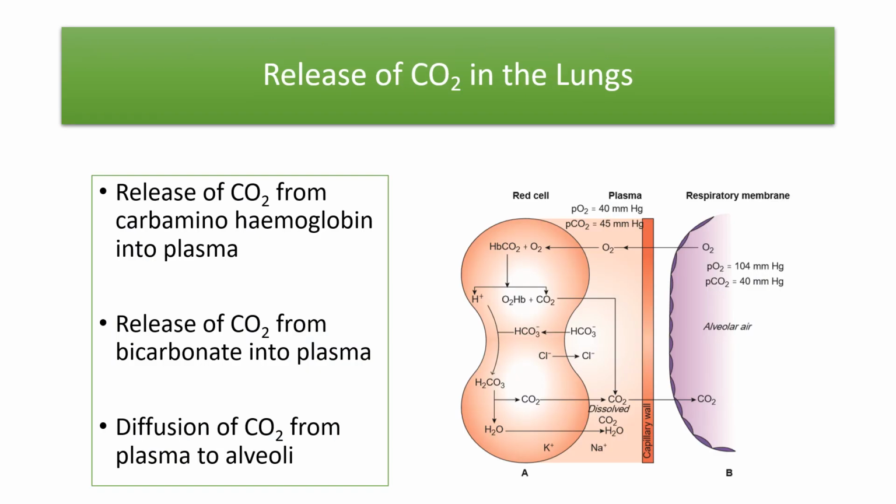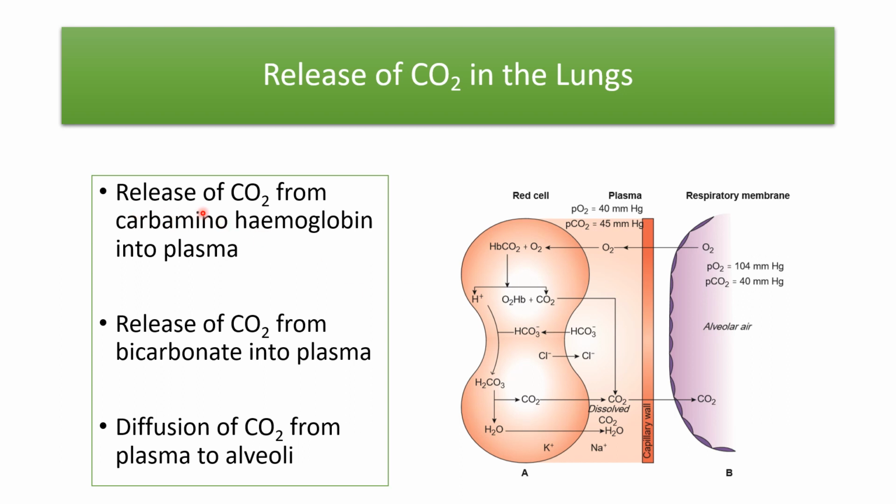Now come to the third and the last step of carbon dioxide transport, that is the release of carbon dioxide into the lungs. When the venous blood of partial pressure around 45 mmHg reaches the pulmonary capillary, the diffusion of all the three forms of carbon dioxide occurs into the lungs, or you can say alveoli.